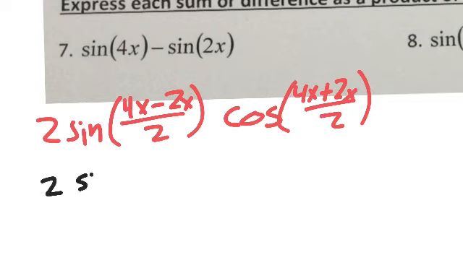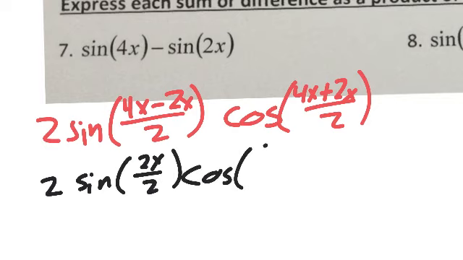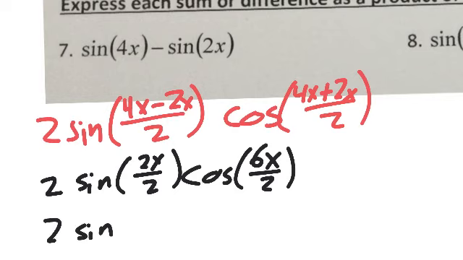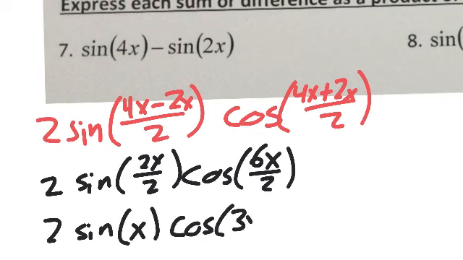So that's going to be 2 sine of 2x over 2 times cosine of 6x over 2. Well, 2x over 2 is just x. 6x over 2 is 3x.